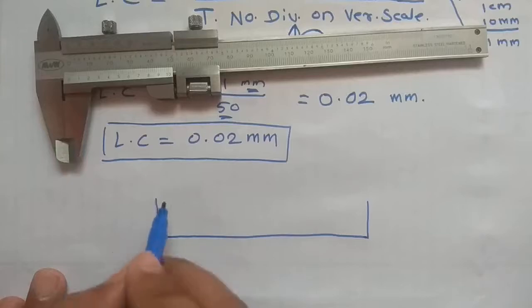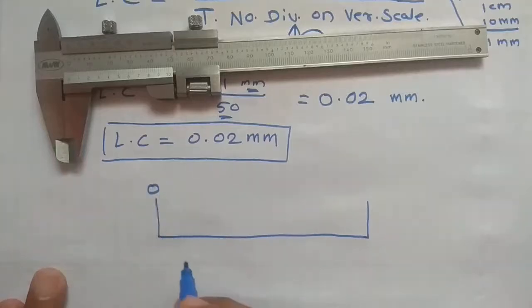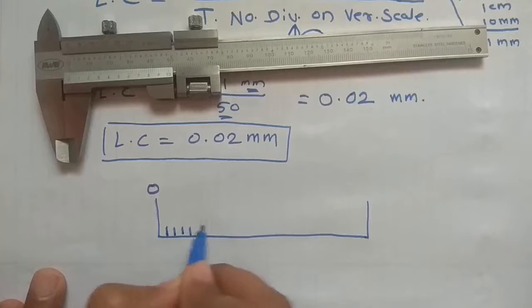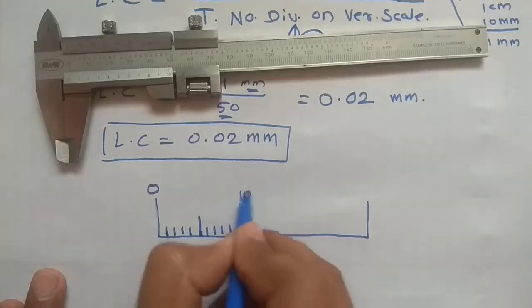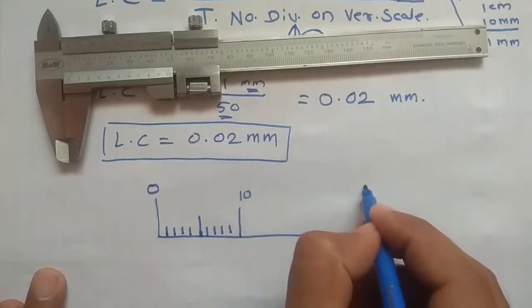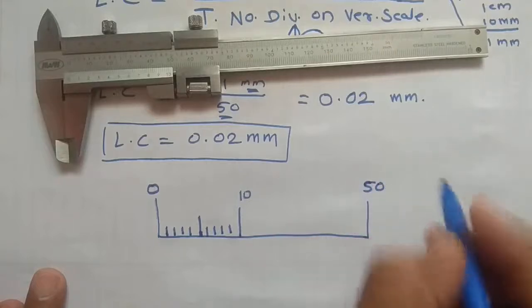Now the interesting point is, when we use our regular scale, that is a glass scale or steel rule, we have dimensions as 6, 7, 8, 9 and this one is 10, up to suppose 50 mm.